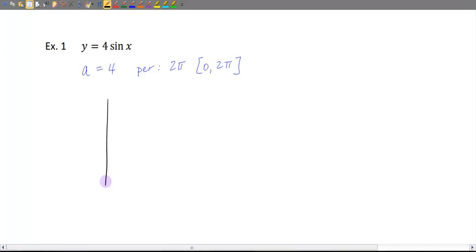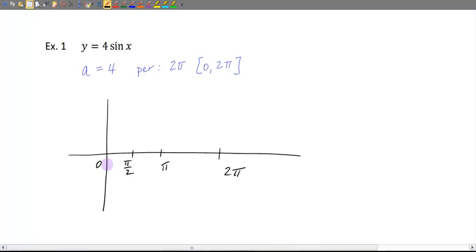So if I get a sine function to graph, I start like this. I draw out a segment right here. I know that this is going to be between 0 and 2 pi. Halfway between 0 and 2 pi is pi. Half of 0 and pi, well, that's just pi over 2.